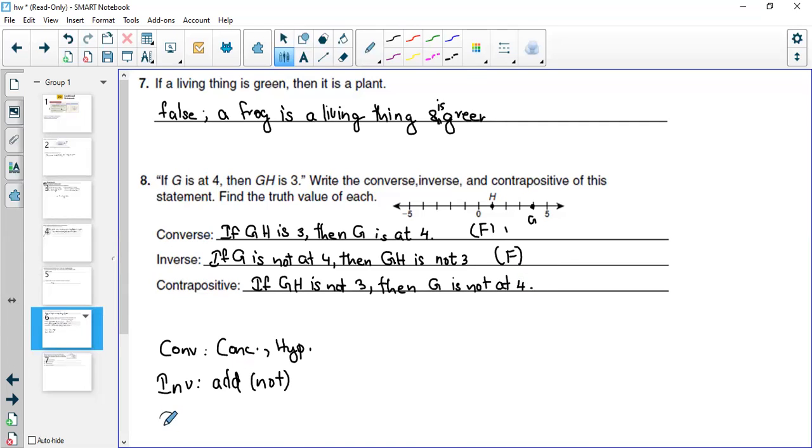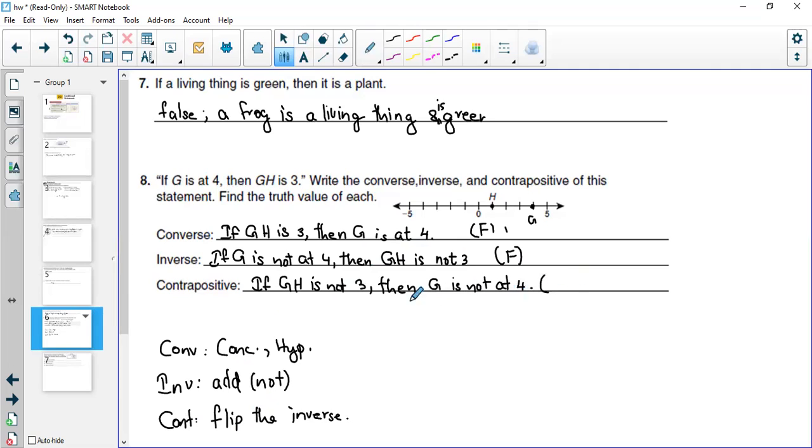So this is how you're going to write the contrapositive. For contrapositive, you're going to flip the inverse statement. So when you flip, it becomes if GH is not 3, then G is not at 4.